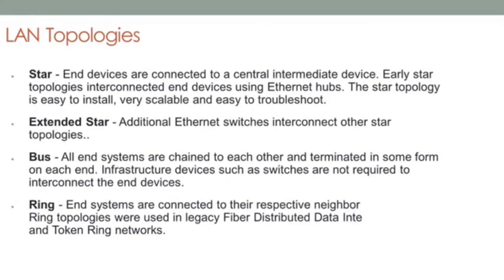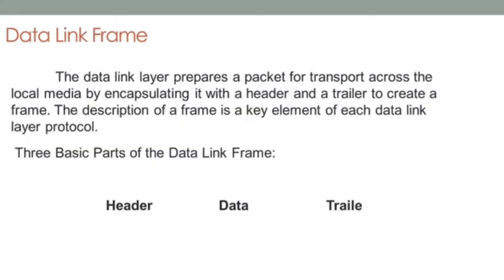LAN topologies: the star, the extended star, and the bus and ring topologies. In a star, end devices are connected to a central intermediate device, while in an extended star, additional Ethernet switches interconnect other star topologies.